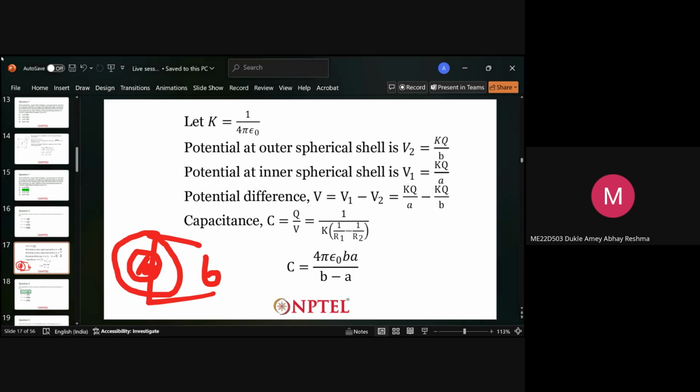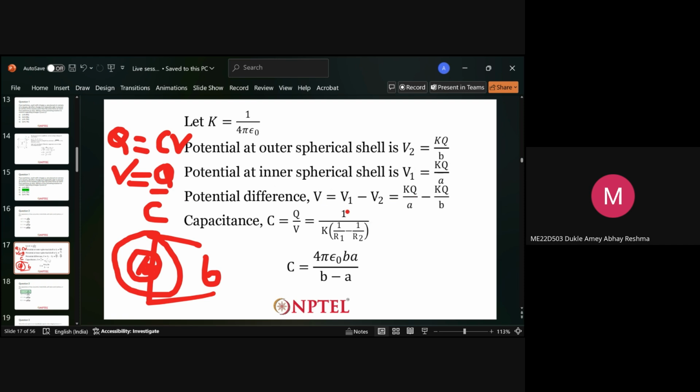We use the equation Q is equal to CV. In this, we are finding V is equal to Q by C. Using this, we find the two formulas. We find the potential at both the shells.